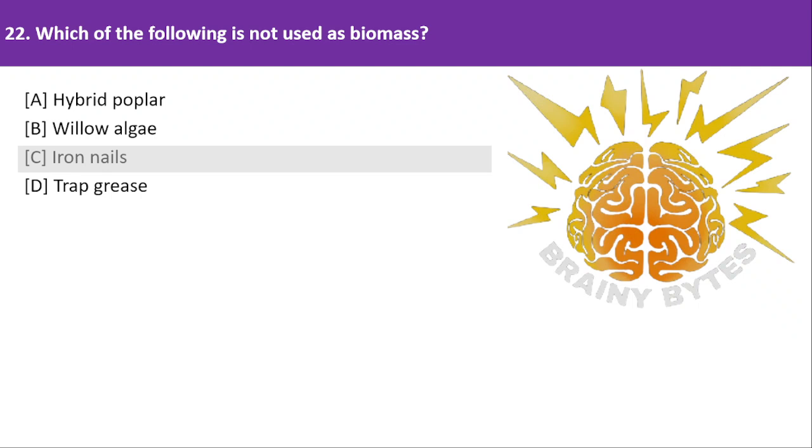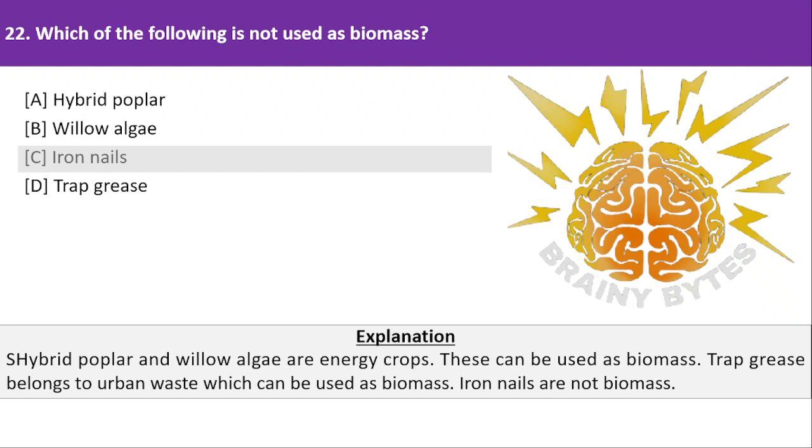Correct option is iron nails. As hybrid poplar and willow algae are energy crops, these can be used as biomass. Trap grease belongs to urban waste, which can be used as biomass. Iron nails are not biomass.